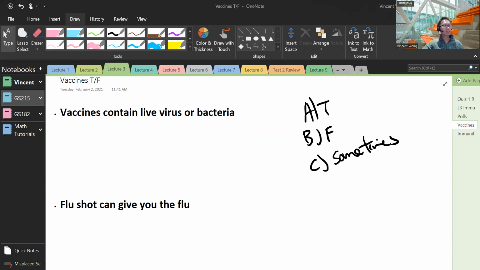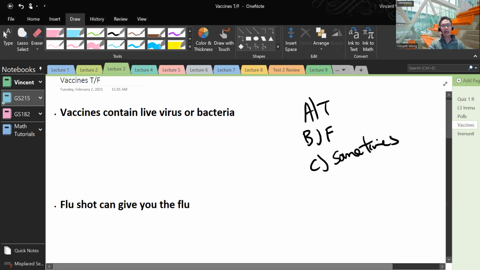Okay, very good. All right, so it looks like we have a three-way split here. And the answer is, it depends on the vaccine. Some vaccines do contain live virus or bacteria. We call them live attenuated vaccines, okay?